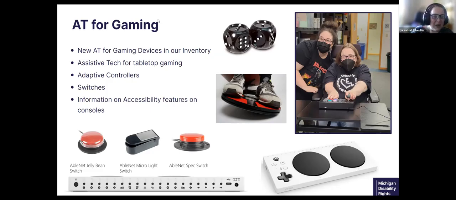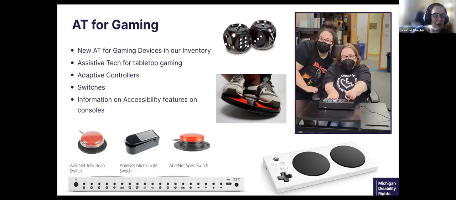Below that, we have some adaptive switches. One there is called the AbleNet Jelly Bean switch. It's just a large button that you can plug in to take the place of something else you may need to do on the controller.